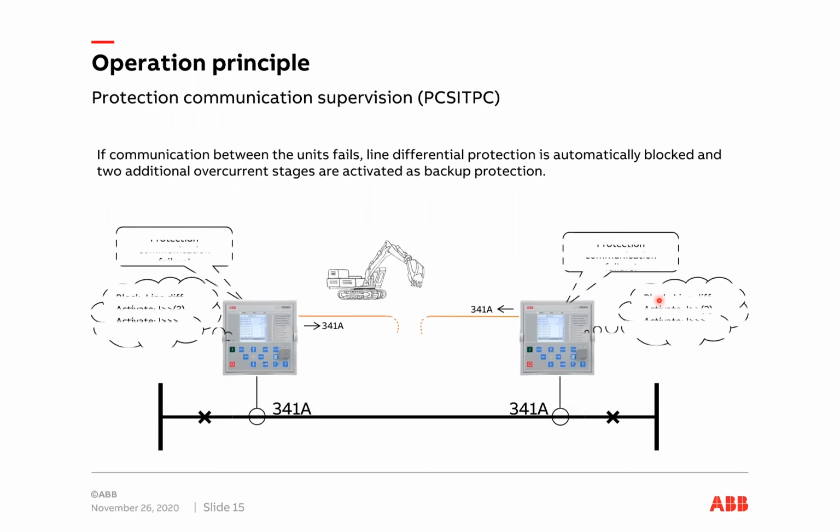So in case there's a failure in the communication, line differential protection will immediately be blocked, so it will not operate. And at the same time, the relay will indicate a communication fault. And also at the same time, it is possible to activate additional overcurrent protection function, which serves then as backup protection to line differential protection.